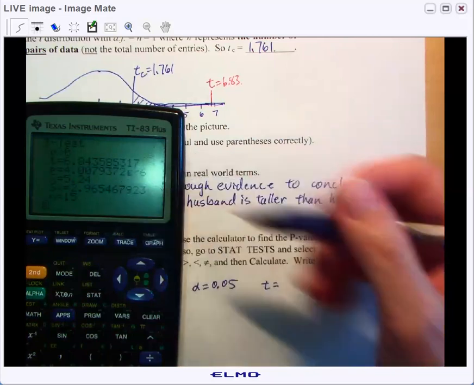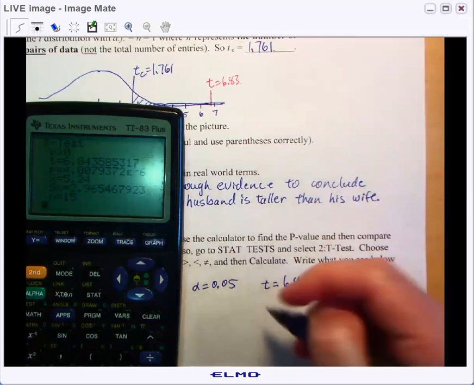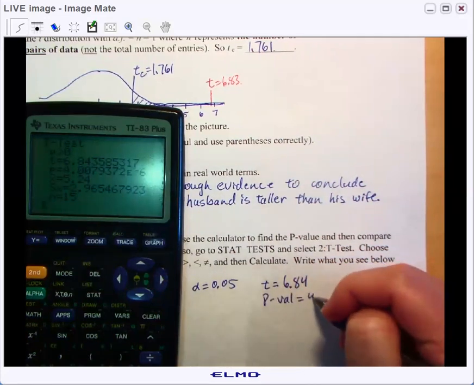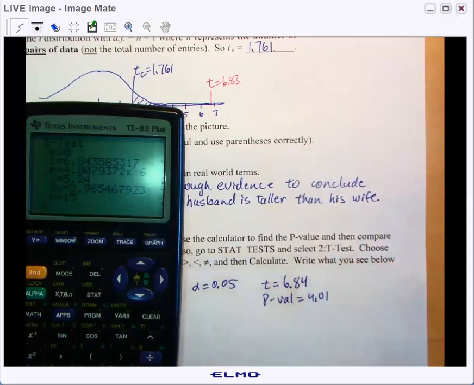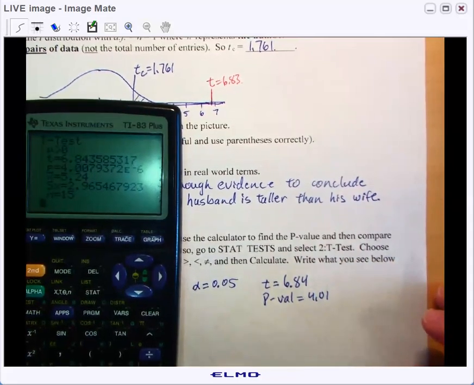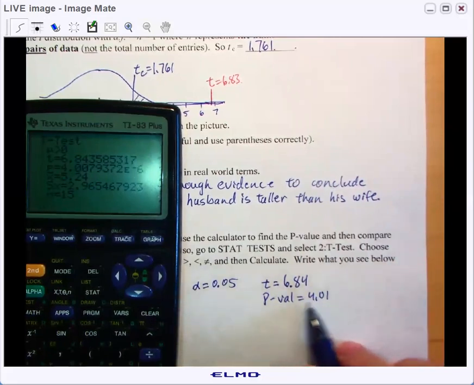You'll see that our test statistic t equals 6.84, and our p-value is equal to 4.01. Now, I just made a common mistake that I don't want anybody to make. The p-value is the probability value, so it can never be larger than 1.